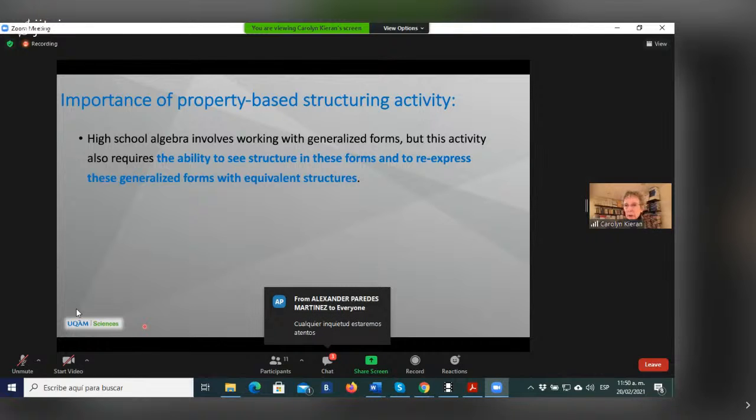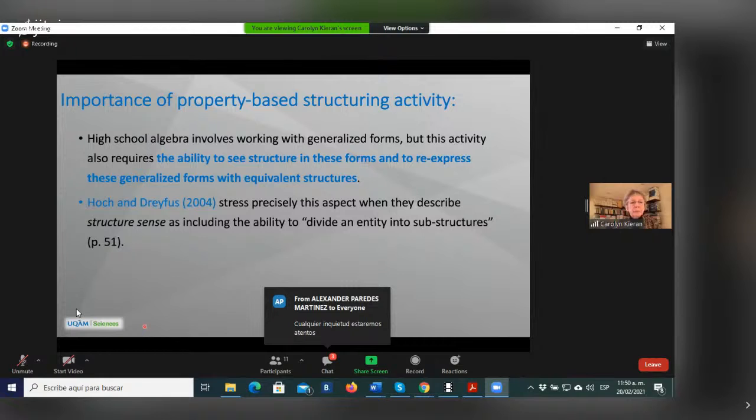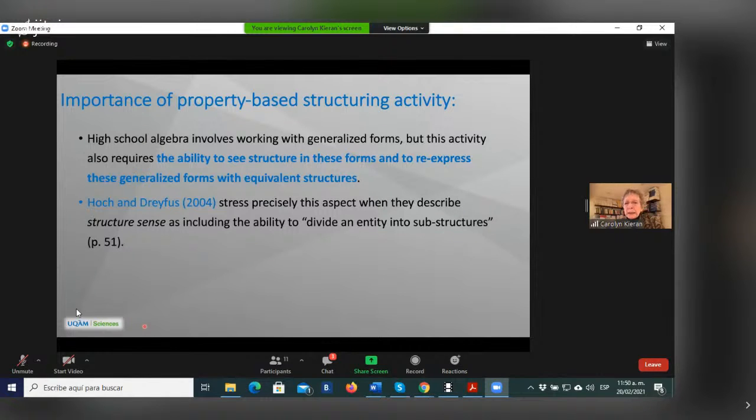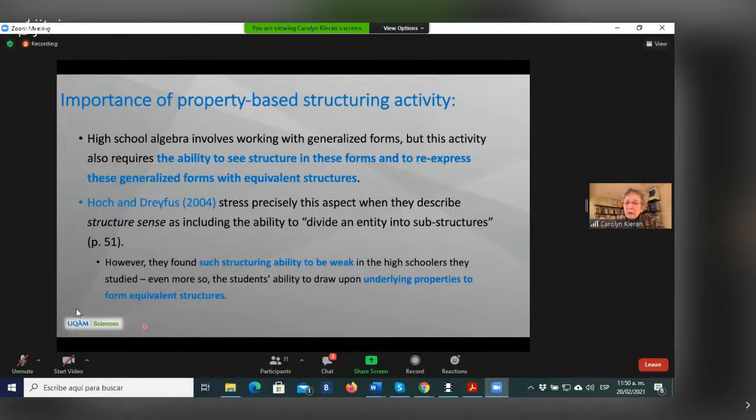Algebra is also about dealing with structure. Hodge and Dreyfus, in their research, stress precisely this aspect when they describe structure sense as including the ability to divide an entity into substructures. However, they found such structuring ability to be weak in the high schoolers they studied. Even more so, the students' ability to draw upon underlying properties to form equivalent structures.